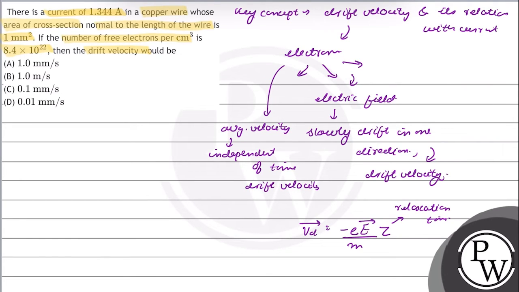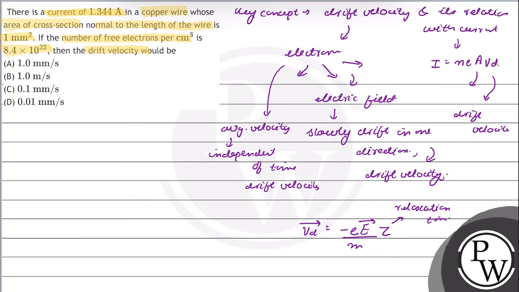Now the relation between drift velocity and current I is I equals n e A v_d, where n is the number of electrons per unit volume, e is the charge on each electron, A is the area of cross section and v_d is the drift velocity.